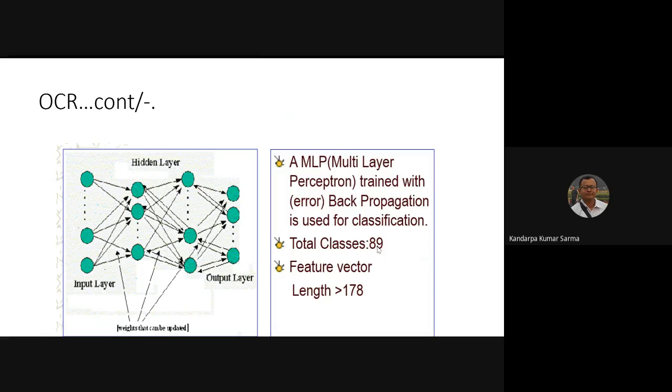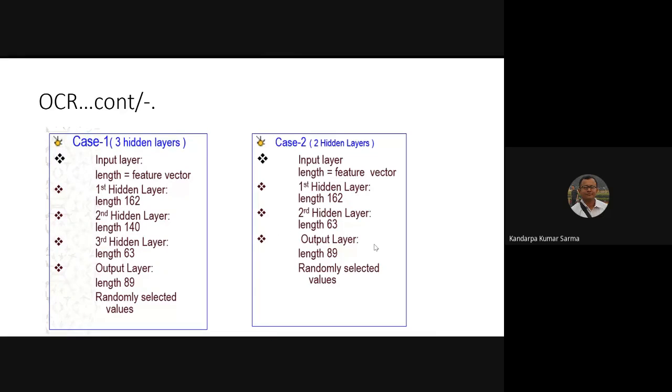Therefore, if you have a class set of 100, you need a feature length of more than 200, double that figure. So here is one such configuration for these number of classes.